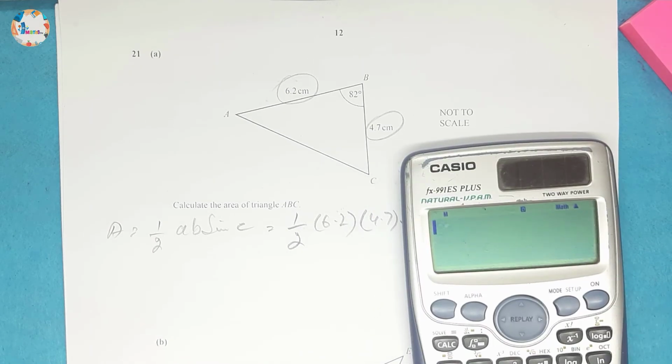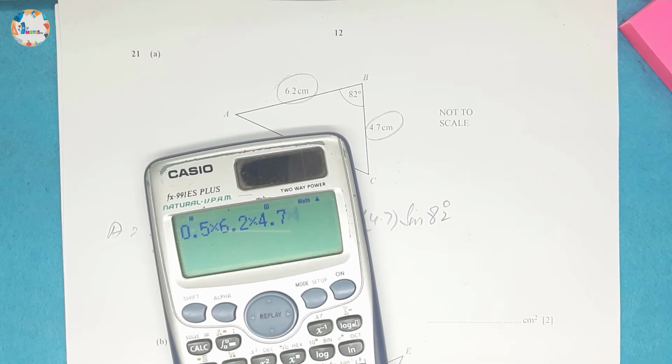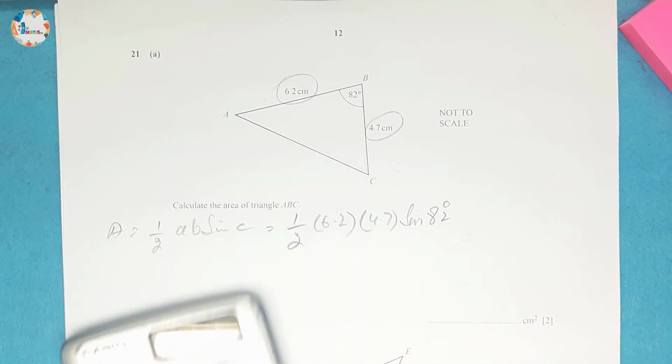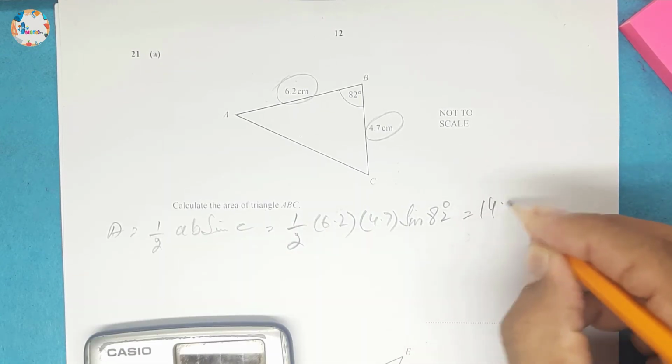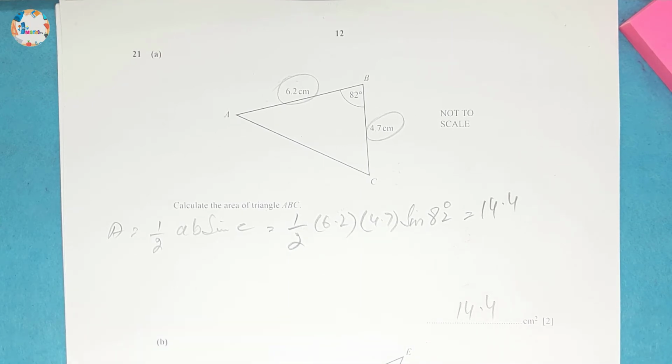This will be 0.5 into 6.2 into 4.7 into sine of 82, and this will result in 14.4. So the answer will be 14.4 centimeters squared.